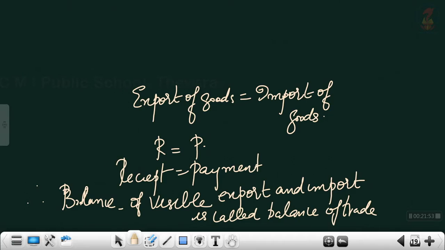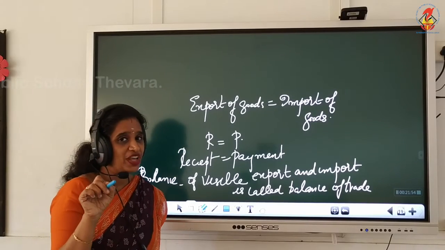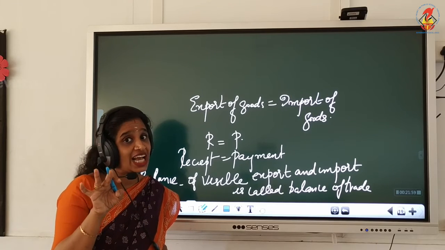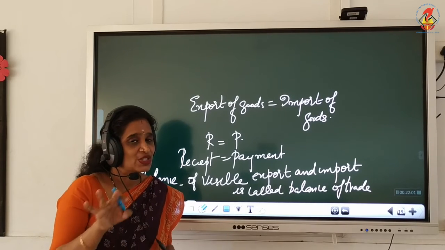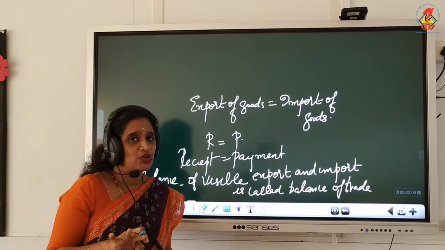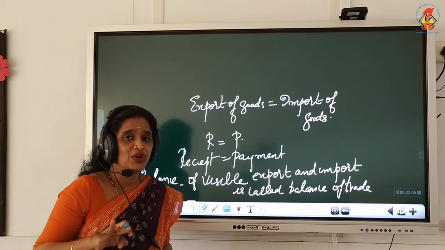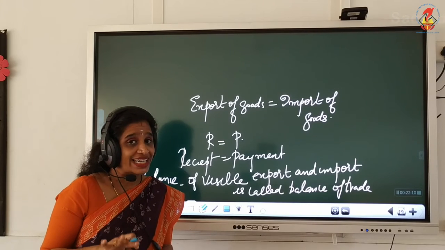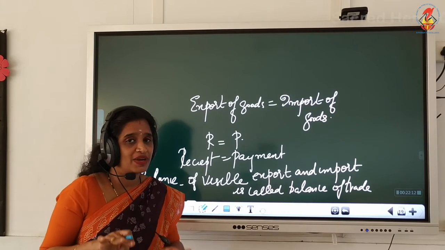The same concept which I explained when I told you about balance of trade. So thus the first component of the current account is balanced here. If the receipt is equal to payment, if export of goods is equal to import of goods, we can experience a balance of trade or a trade balance of visible items.